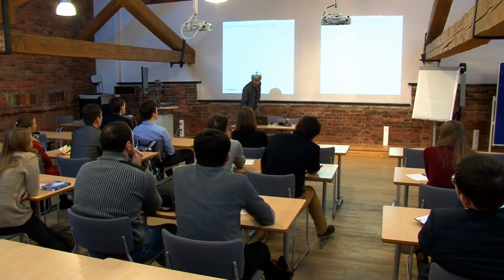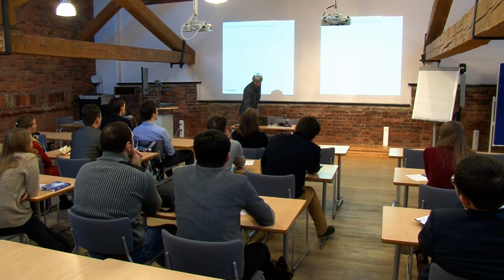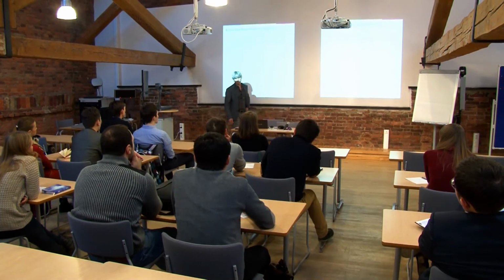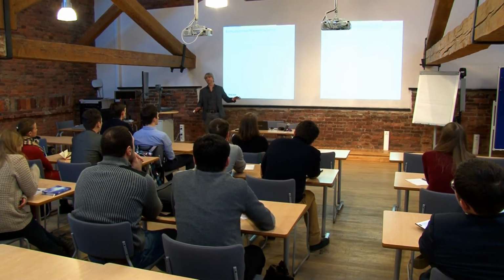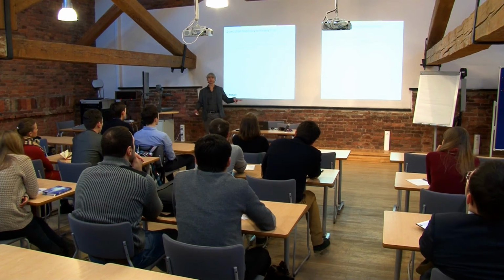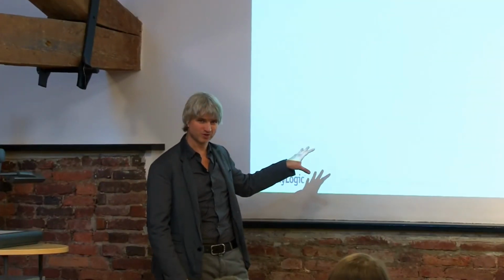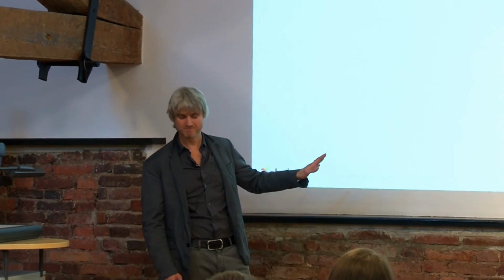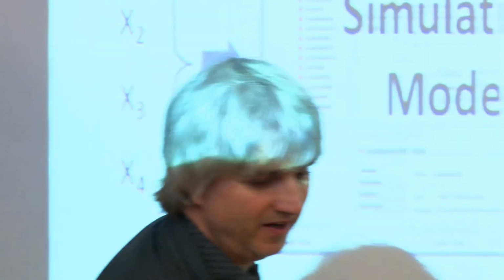So what is a simulation model? With an Excel model or analytical type models, you say calculate. With simulation models, you say run. A simulation model is essentially an executable model.